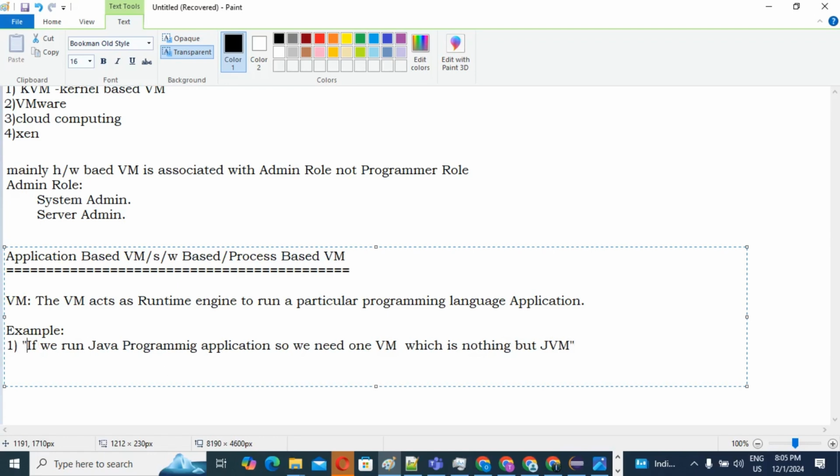So if you run a Java application, we need one virtual machine, which is nothing but JVM.